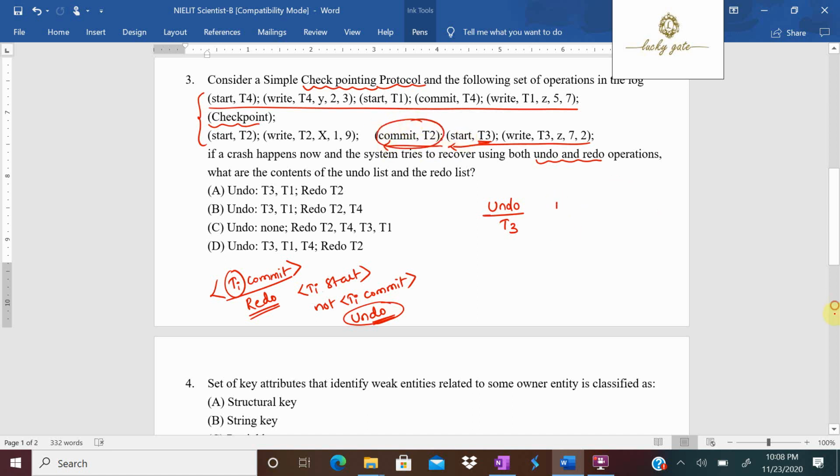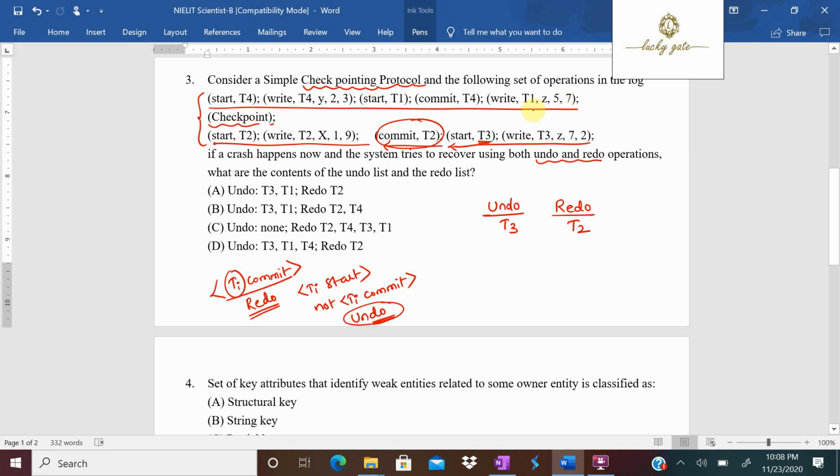Because commit T2 is there, it means transaction T2 already committed, so T2 is to be added into the redo list. Scanning backwards, because T2 has both start and commit, we can put it in the redo list. Checkpointing. And above the checkpoint also we have to scan backwards until a transaction that was started but not committed.